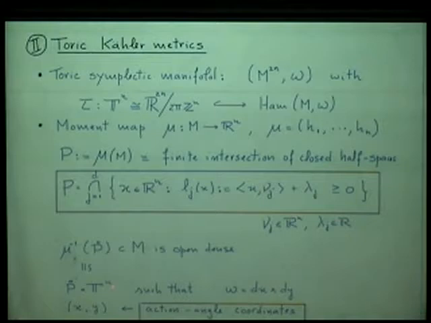Moreover, you can choose this splitting so that you have coordinates x and y such that the symplectic form is standard all over this neighborhood, which is an open dense part of your toric manifold. These are called action-angle coordinates. So you have a big coordinate neighborhood which is open and dense on your toric manifold and where your symplectic form is standard.